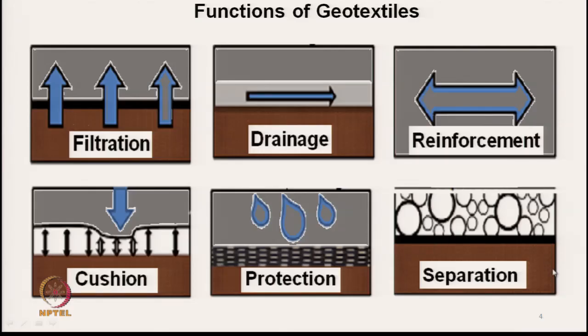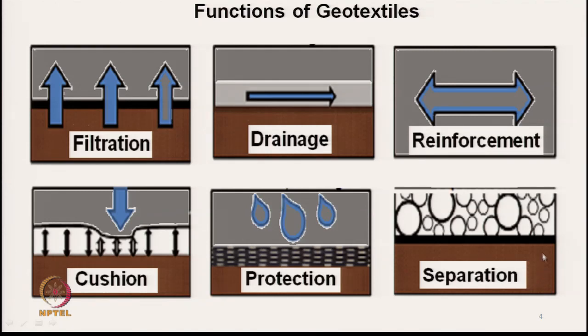At the bottom, which is shown here by the brown color, if it is subsoil, soft soil, and after that if we use the gravels of stones of certain size directly, then this stone will penetrate inside the soft soil and the structure will collapse.